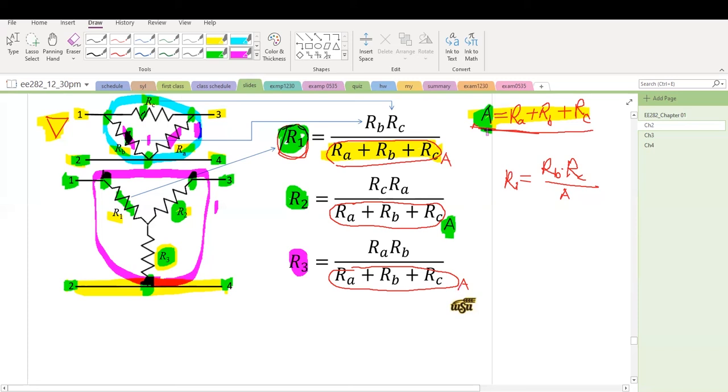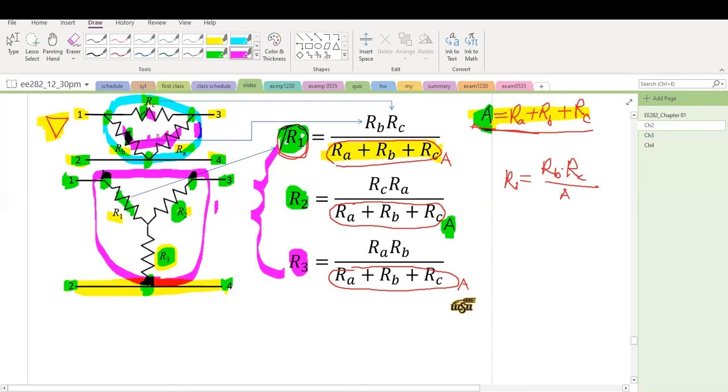Recognizing this quantity A helps us memorize this relationship, because these are the values of R1, R2, and R3 if we want to convert the delta connection into the Y connection. Notice that the values of RA, RB, and RC in the delta connection are given.